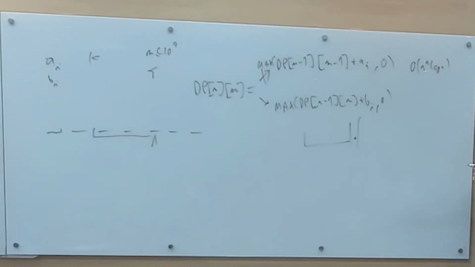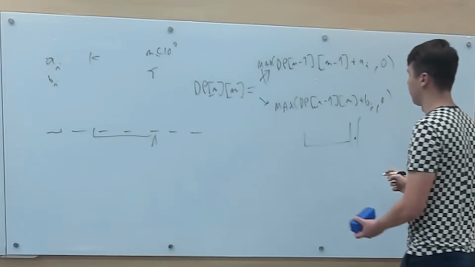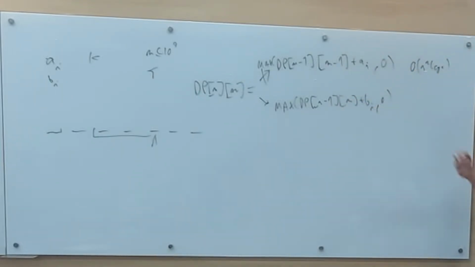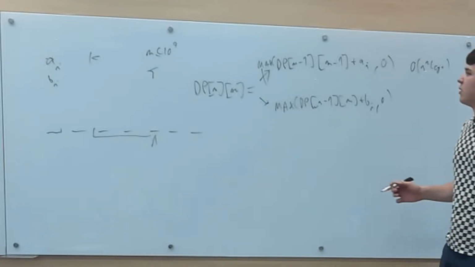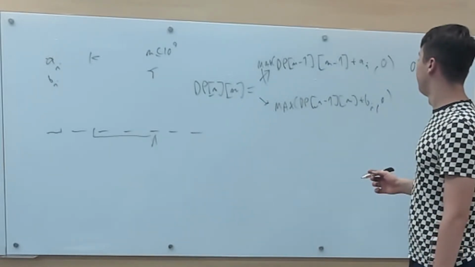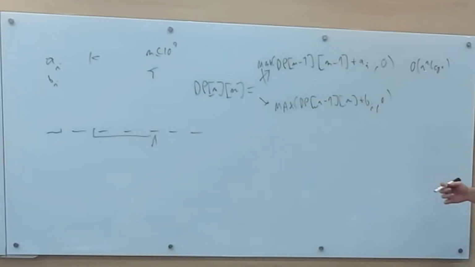Basically, what we want to do now is think how this dp looks. My claim is that one column of a dp, when we consider a column of a dp, is always convex.